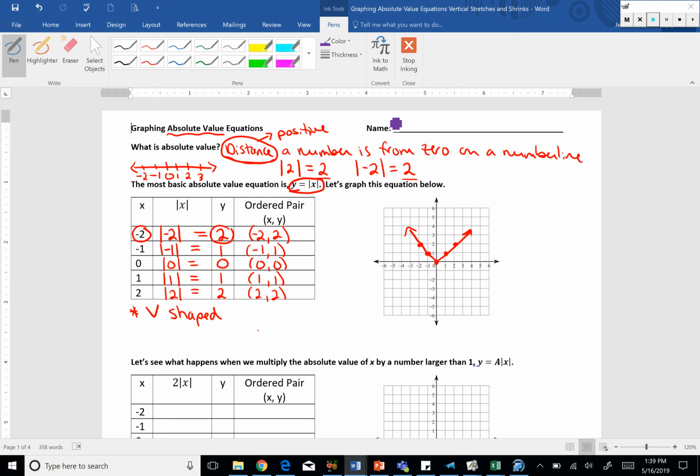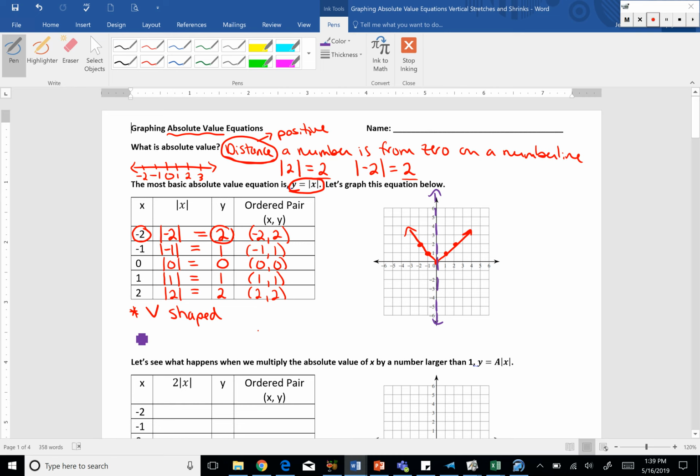Another thing to kind of check out, take a look. We had a 1 on this side and a 1 on this side. A 2 for the y, a 2 for the y. They're matching up perfectly. If I were to draw an imaginary line down the middle of my graph, if I were to fold the graph in half on that line, the two sides would match up perfect.